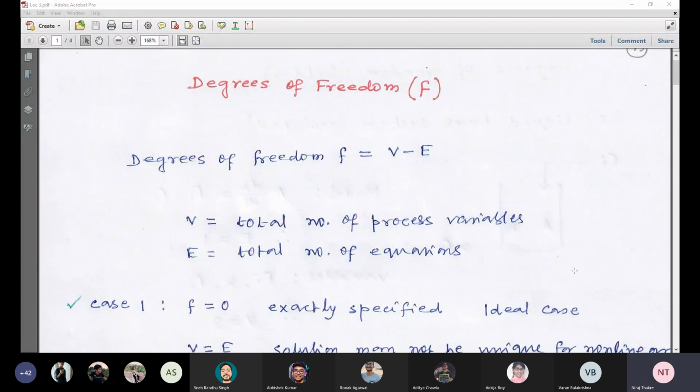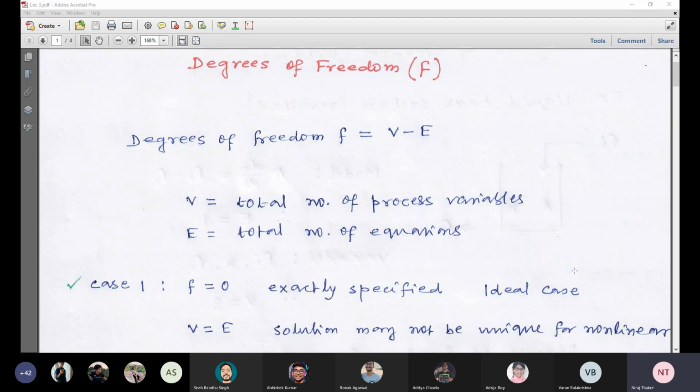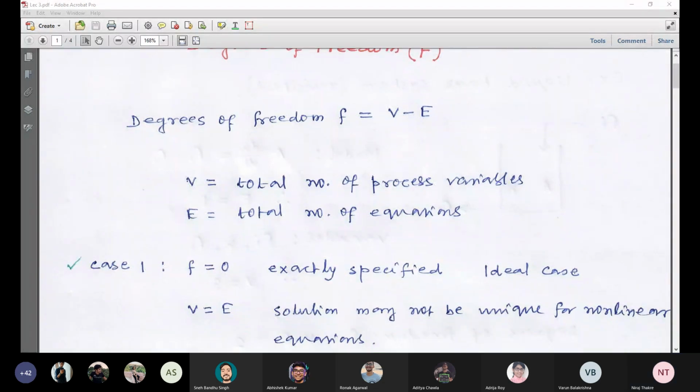Now let us consider a couple of cases. There are total 3 cases. You see, in case 1, f is equal to 0. Our degrees of freedom is equal to 0. That means number of process variables equal to number of equations. I can say in a little different way, number of unknown process variables equal to number of available equations.